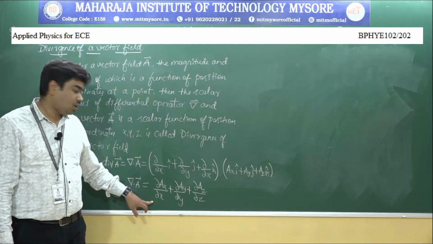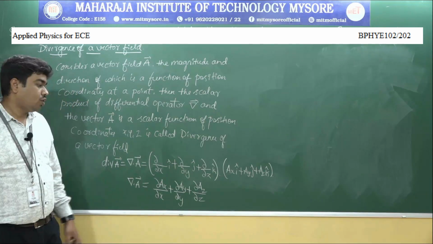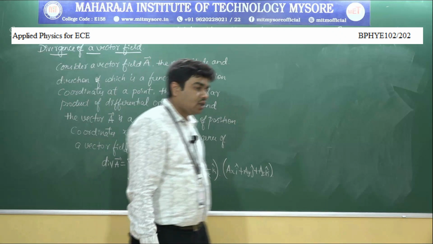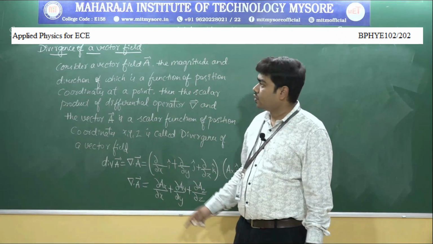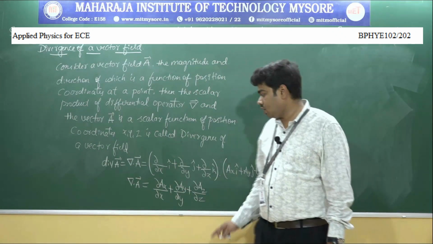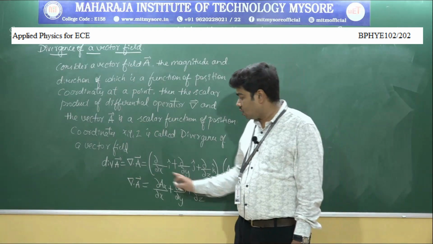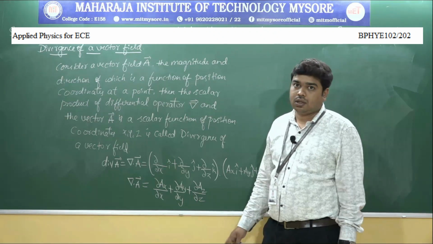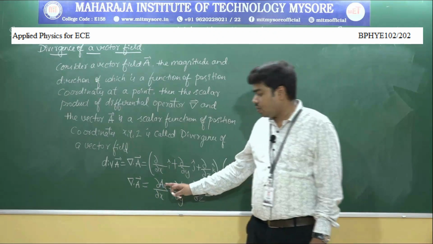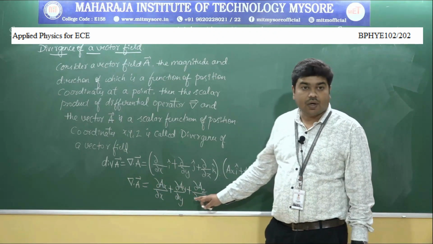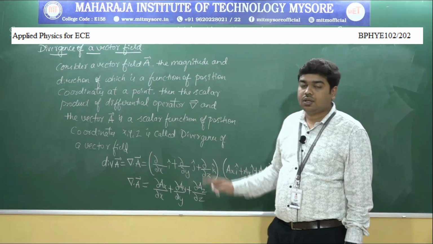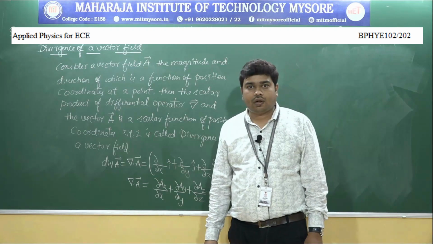As you can see, the resultant equation does not have any unit vectors along the x, y or z axis. Hence, we can say that the divergence of a vector field is a scalar quantity. So, del dot A is given by dou by dou x of ax plus dou by dou y of ay plus dou by dou z of az. So, this is what is meant by divergence of a vector field.